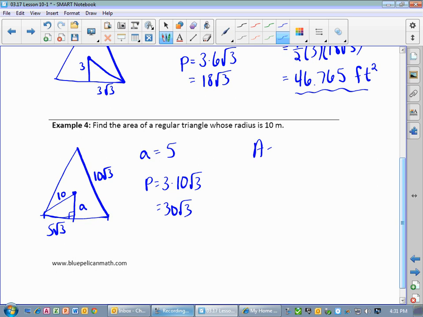So area is 1/2 apothem times perimeter. 1/2 of 5 times 30 square root of 3.